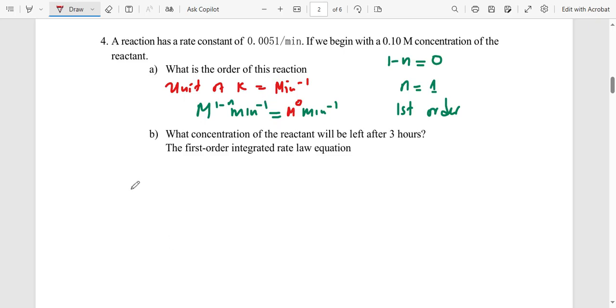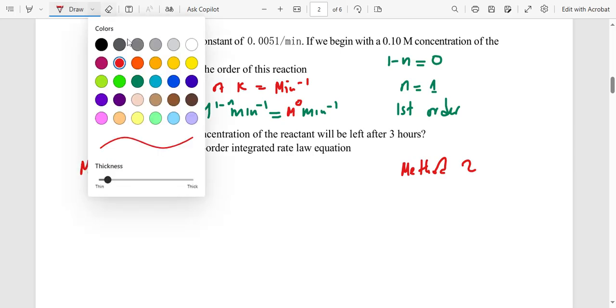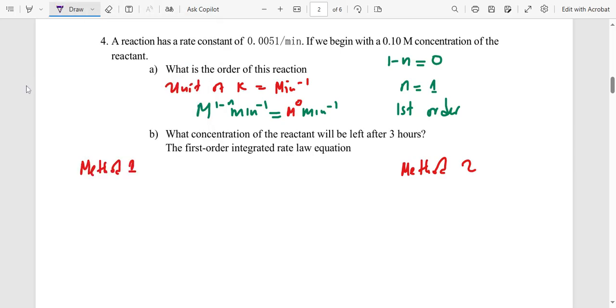So we can use two methods. I'll have method 1 and then I'll put method 2 this side. So for method 1, we'll just start with our initial concentration. The concentration of A at the beginning, that's the initial concentration, is 0.10 molar.